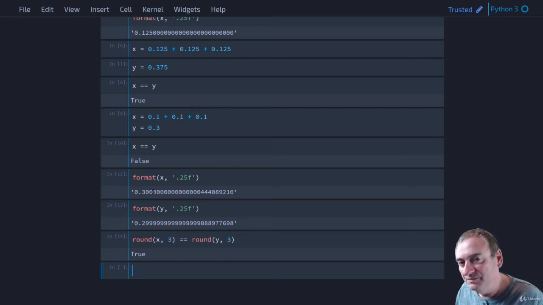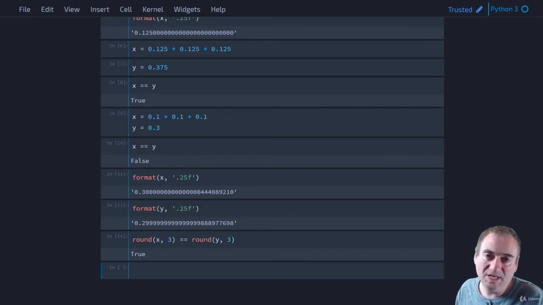The problem with round is that if you think about what round is doing, it's basically doing a test to see how close the two numbers are within an absolute tolerance. Because we're rounding to 3 digits after the decimal point, we're saying, are they within that number here, within 0.001 of each other, essentially, 3 zeros and a 1?